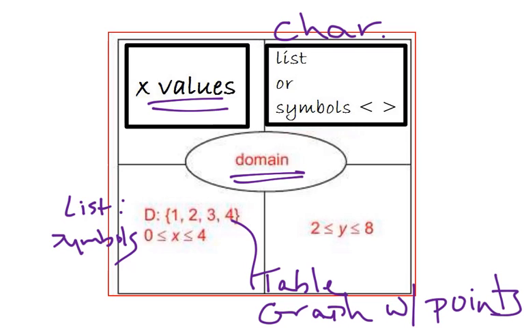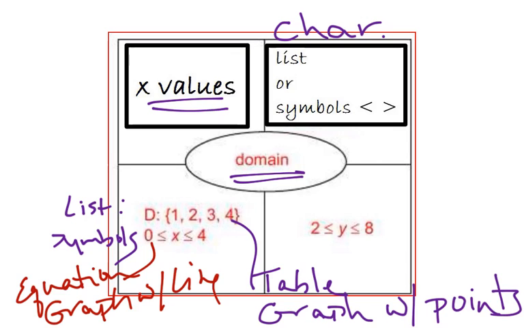You're going to use the symbols if they give you an equation or if they give you a graph with a line. A non-example is 2 is less than or equal to y is less than or equal to 8. It's a non-example because they're using y, and we know that y represents range, not domain.